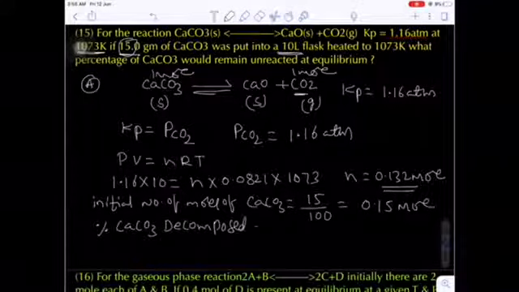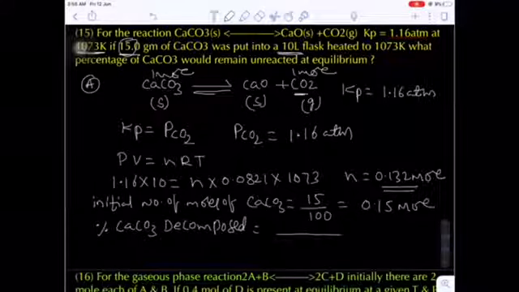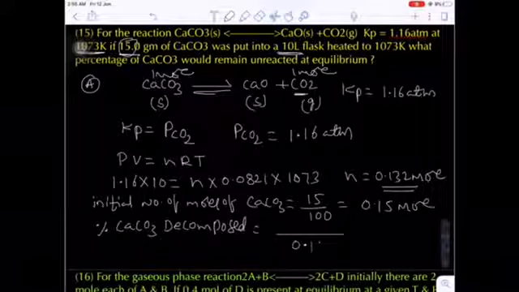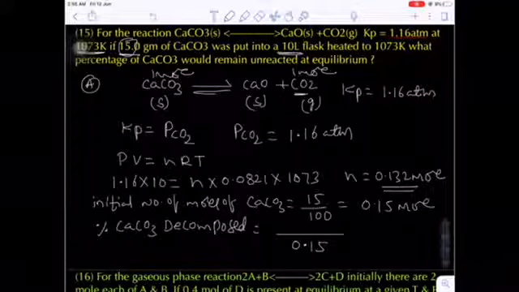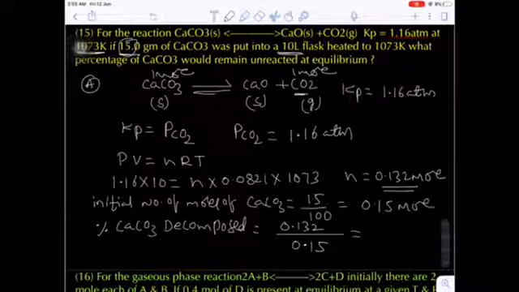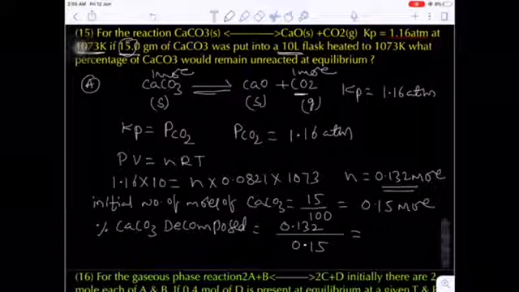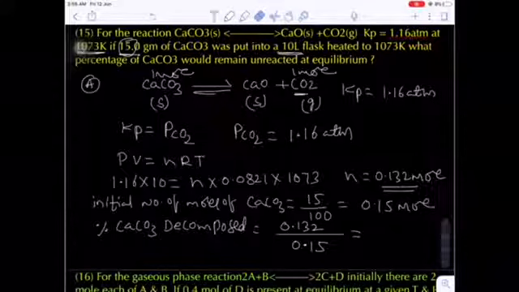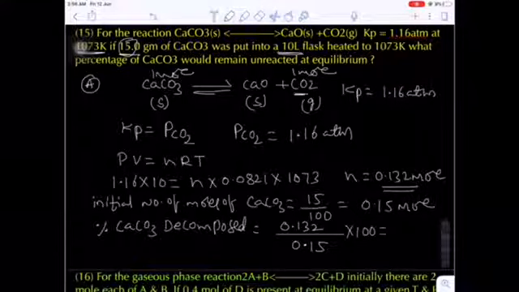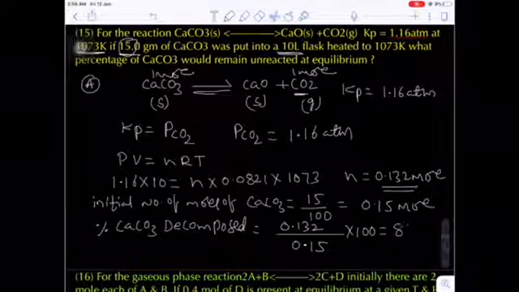decomposed. Percentage of CaCO3 decomposed. Total number of moles of CaCO3 is 0.15, out of which 0.132 dissociated moles. So the fraction will be 0.88, or in terms of degree of decomposition we multiply by 100. So your answer is 88% dissociated limestone.